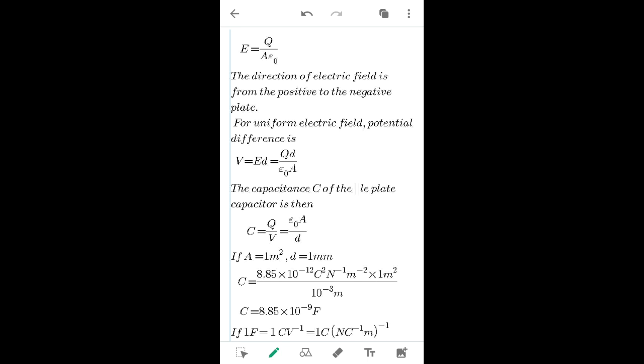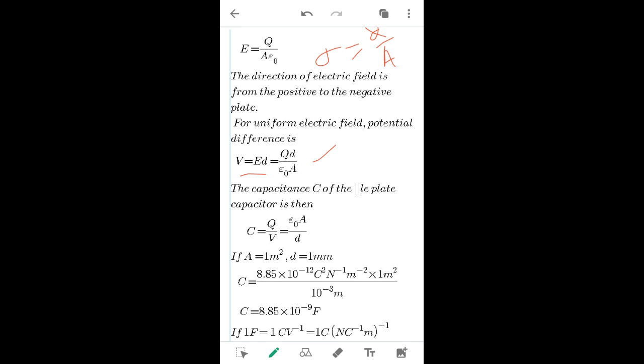Now we substitute for the surface charge density, that is Q by A. Therefore E equals Q by A epsilon naught. Then what is the potential difference between the two plates? Let us consider the potential difference as V equal to E into d. Now we substitute for the electric field in this equation, and we get Q d by epsilon naught A.